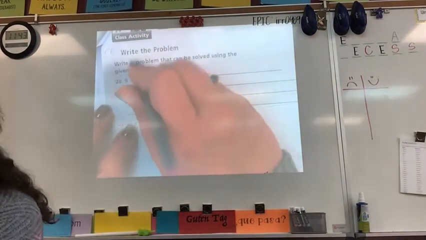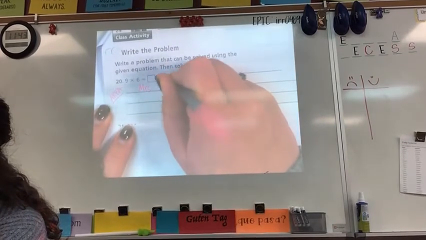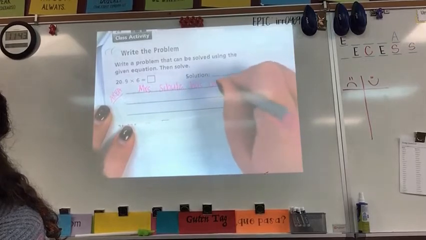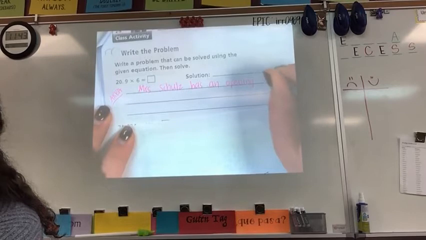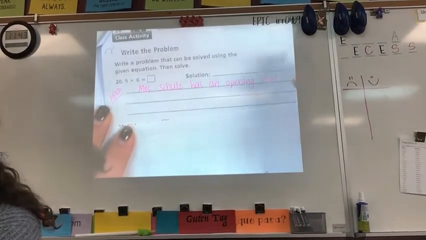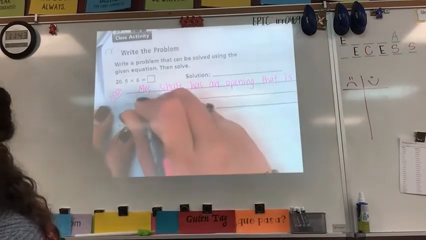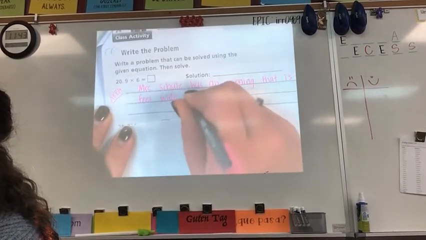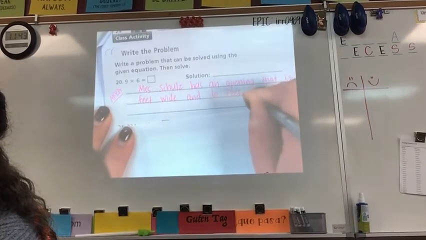So I'm going to say Mrs. Scholes has an opening that is, do you guys have to write this? No. That is 9 feet wide and 6 feet long.